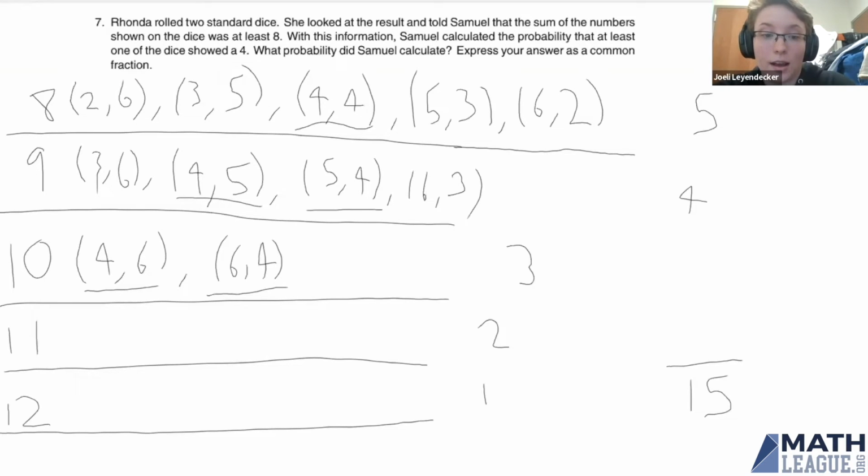So there aren't any possibilities for 11 or 12 that involve a 4 being rolled on one of these dice. So these 5 options are our only options for the probability that one of the dice showed a 4. So that's a 5 in our numerator. And our fraction simplifies to 1 over 3, which is our answer.